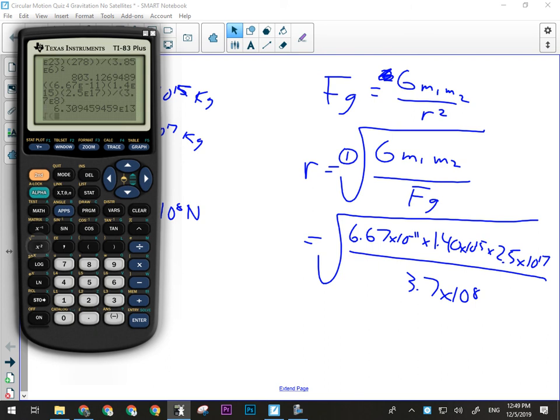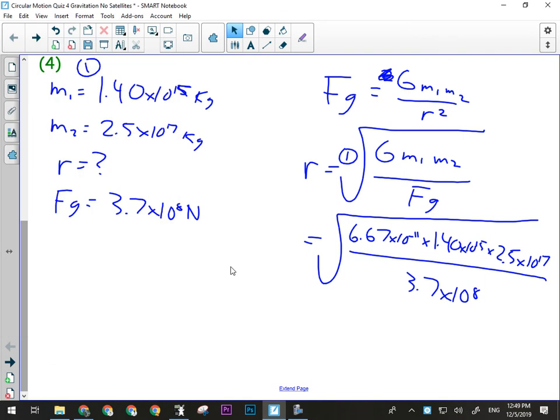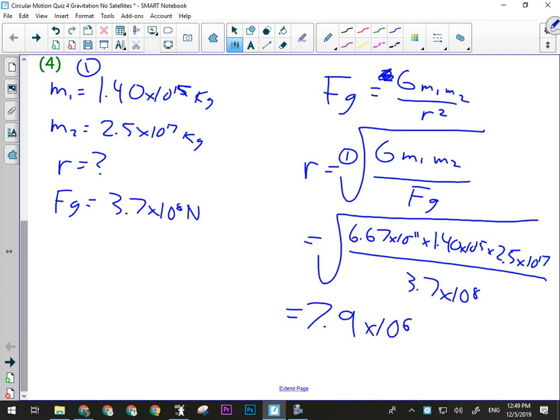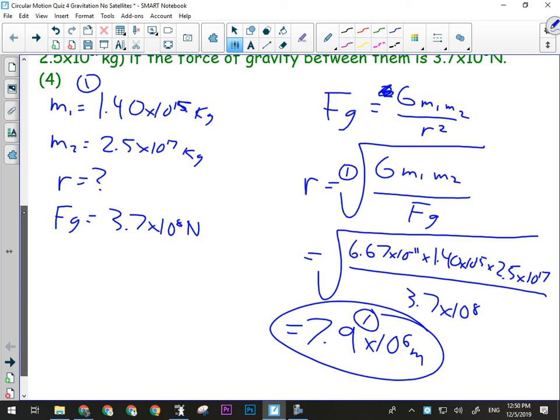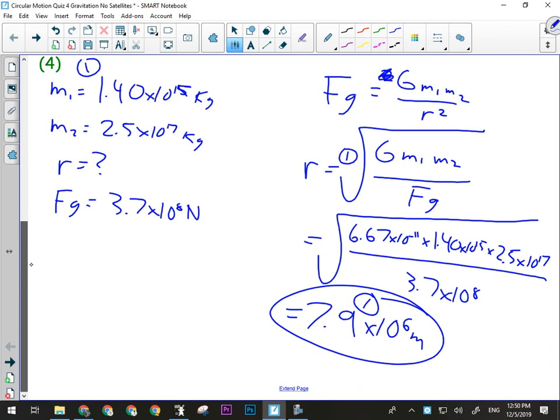Then we have to square root that. So the distance between them is going to be 7.9 times 10 to the 6 meters, for their fourth mark on that one. That's the right number, sig digs right, number 2.